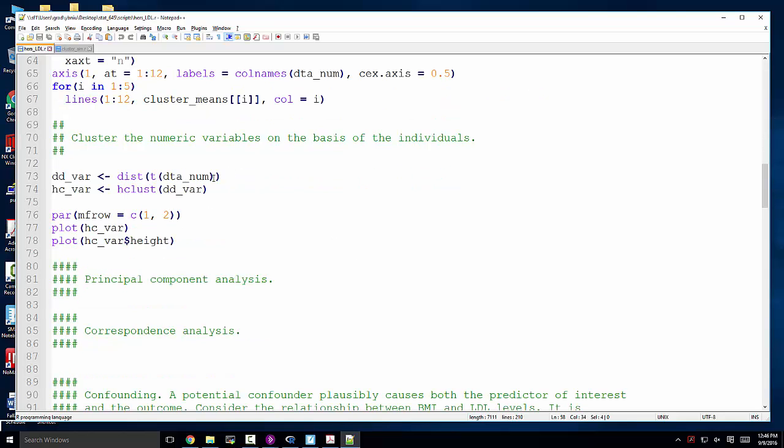Here's how you can do clustering on the variables instead. All you have to do is, when you compute distances, transpose the data matrix so that you're computing distances between columns instead of distances between rows.